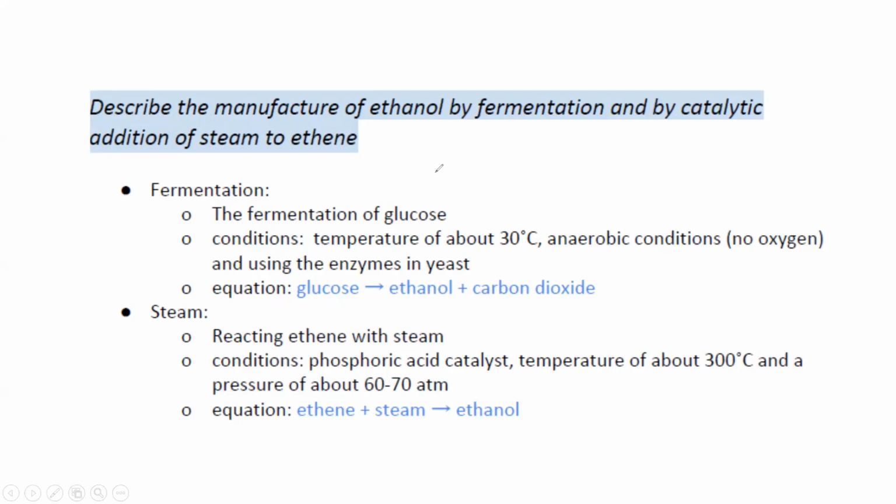In the fermentation of glucose, what happens? We have a sugar solution, C6H12O6. In the absence of oxygen and in the presence of biological catalysts, enzymes which are present in the yeast, this sugar molecule will decompose into ethanol, C2H5OH, plus CO2.